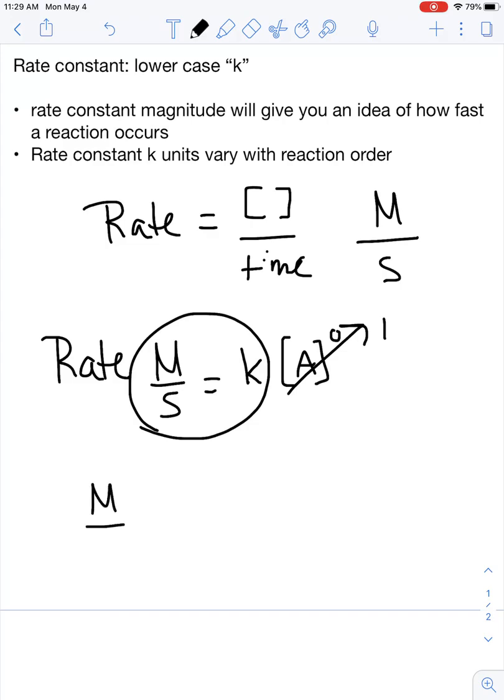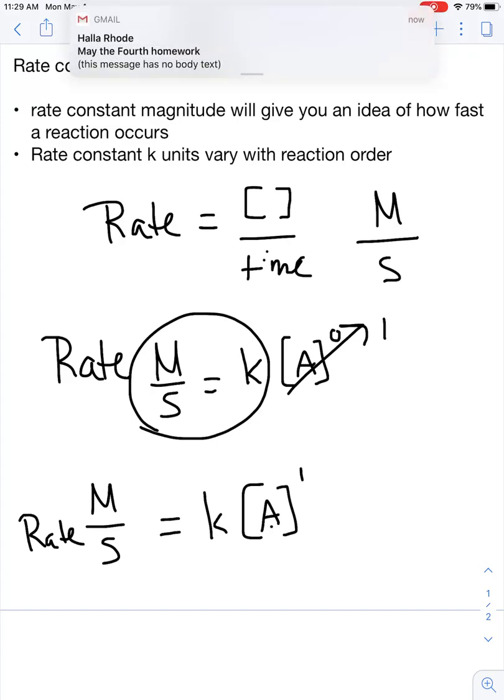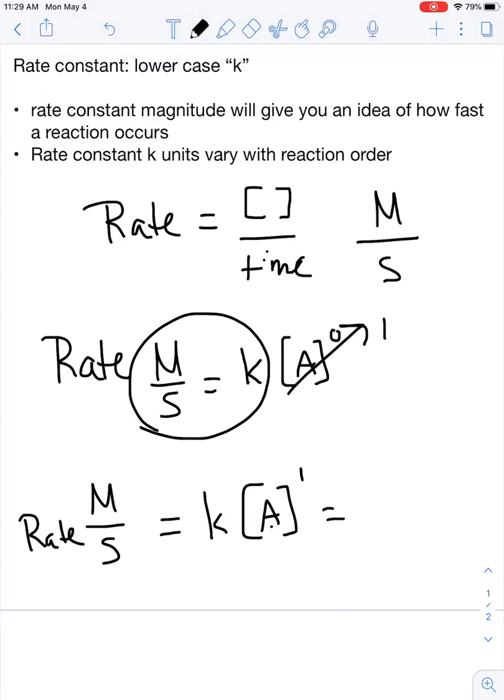If we have a first order reaction, remember rate is always going to be in molarity per second in this example. We have the rate constant times the concentration of A to the first order. Because the unit of A is molarity, in order for our rate to end up as molarity per second, our rate constant k has to have the units 1 over second.